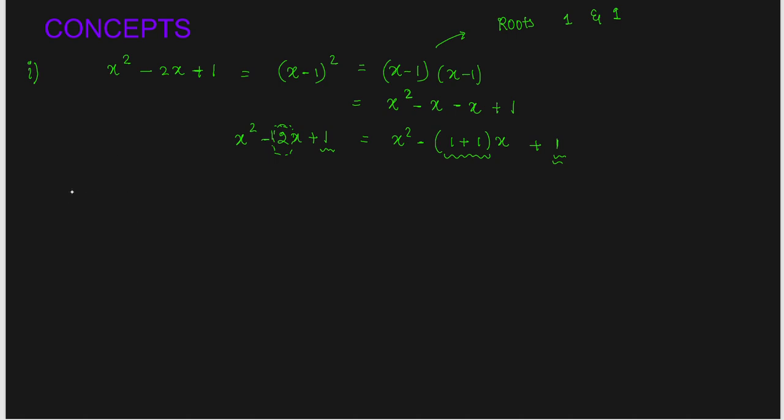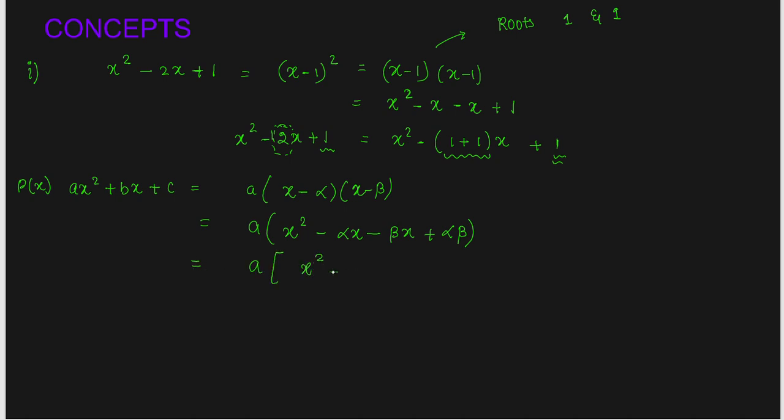Or to generalize this concept, let's start with a basic quadratic equation, ax square plus bx plus c. This is your polynomial. Let's say the roots are alpha and beta. So I can factorize this as (x minus alpha) and (x minus beta), isn't it? Now if I multiply these two factors, I'm going to get x square minus alpha x minus beta x plus alpha beta. Taking common, I get x square minus (alpha plus beta) x plus alpha beta.